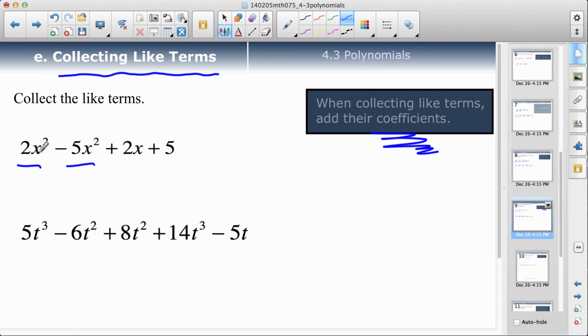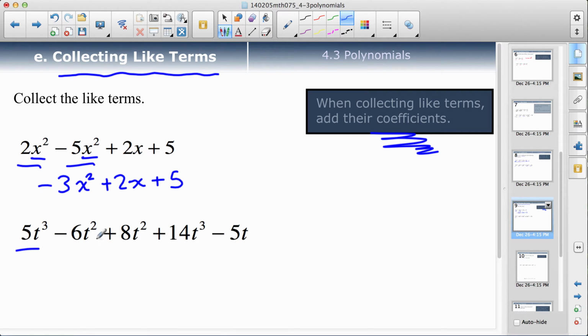I'm up 2x squareds, I lose 5x squareds, so now I'd be down 3x squareds. Notice I didn't do anything to the variables, I just left them as x squared. There's nothing that goes with this, so I would just have to leave it. Same thing with the plus 5. Try collecting these like terms and see what you come up with.